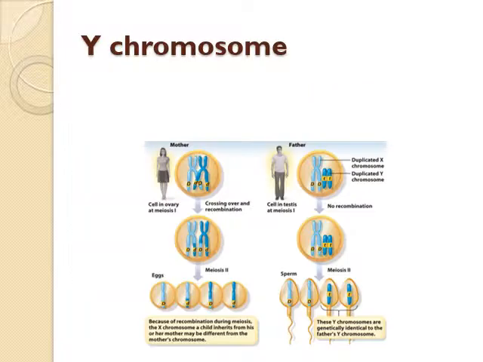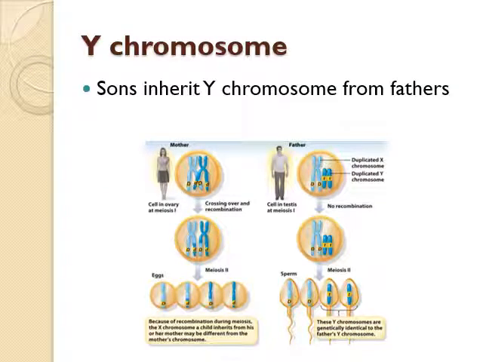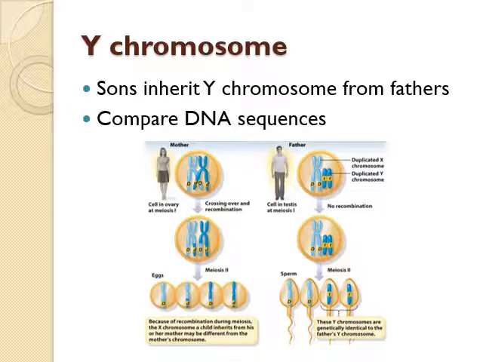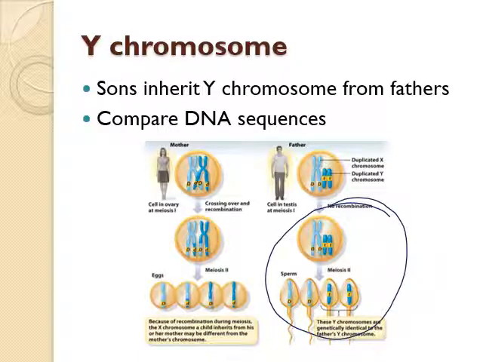Okay. So the example your book talks about is the Jeffersons. Sons inherit this Y chromosome from their fathers, and you can compare the DNA sequences because they're pretty much unchanged. Again, they're not really going through any sort of recombination here.